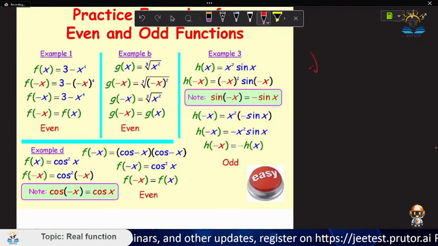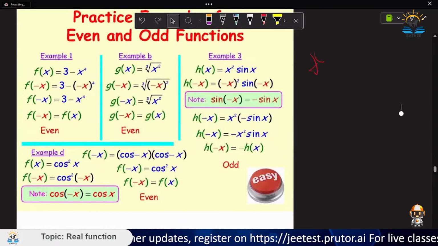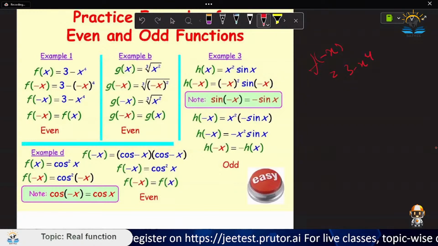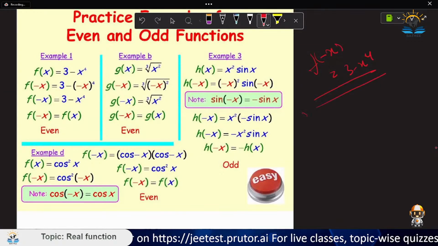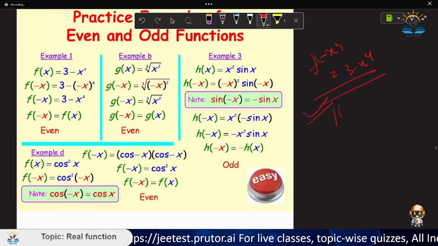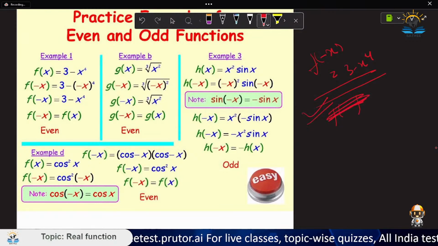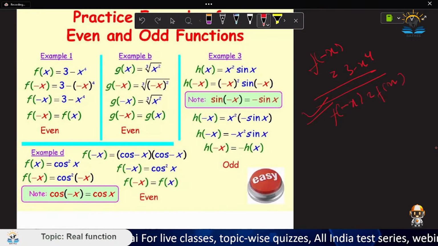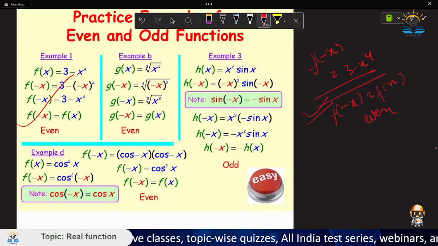Let's take the first example. The first equation is 3 minus x4. So it is remaining the same. Here f of minus x is equal to f of x, so it is even. Now let's do another question.